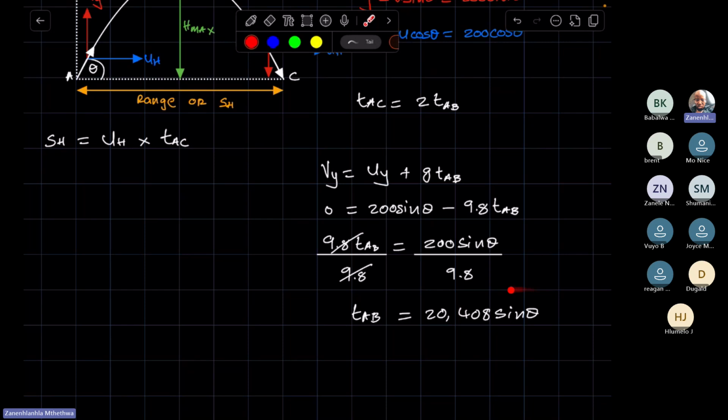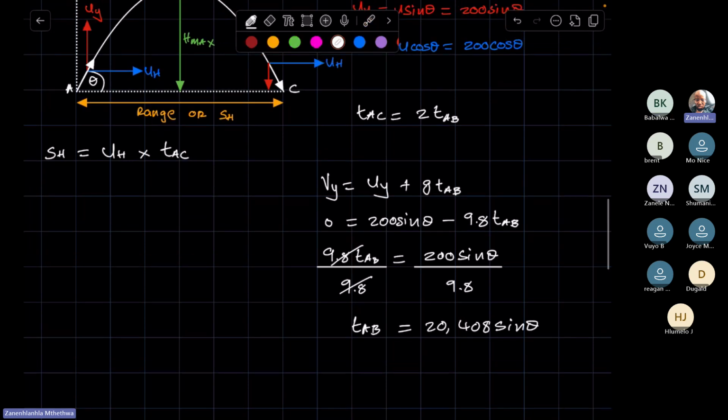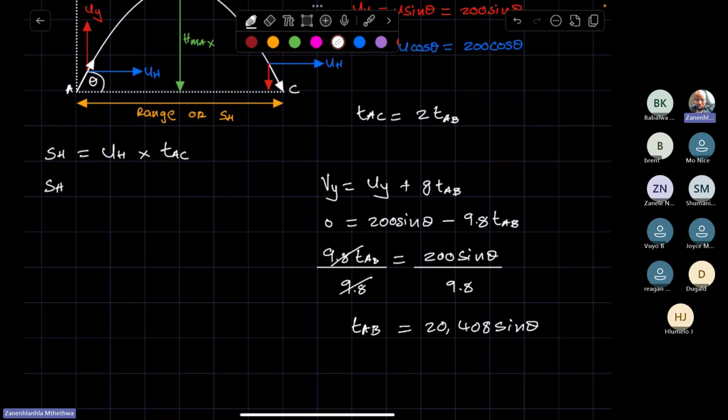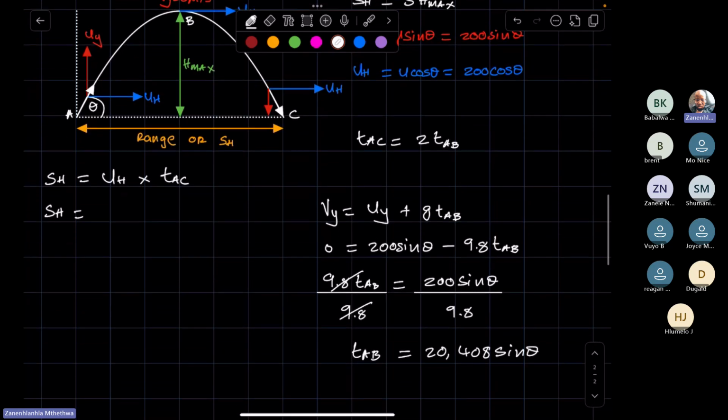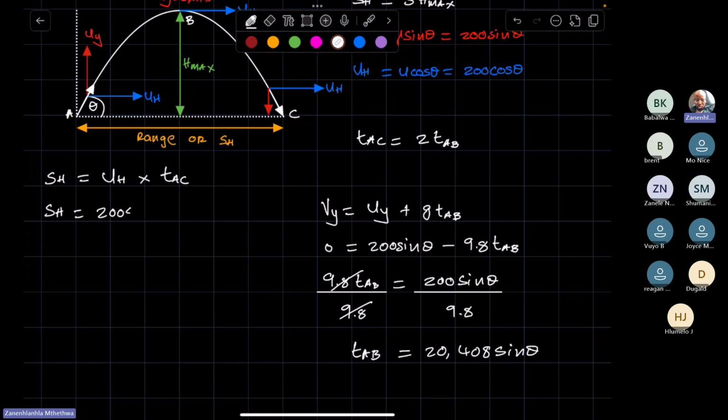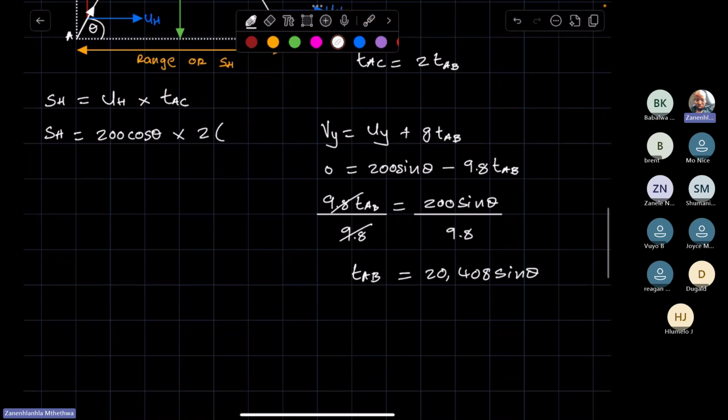So SH is equal to UH, which is 200 cos theta, times TAC. TAC is equal to 2 times TAB, so this will be 2 times 20.408 sine theta.